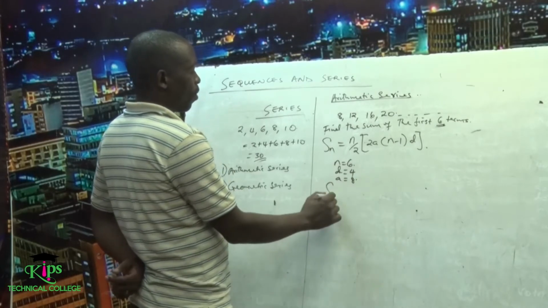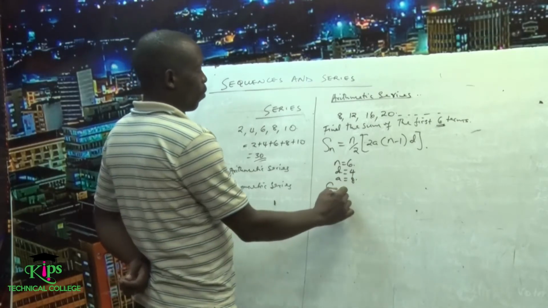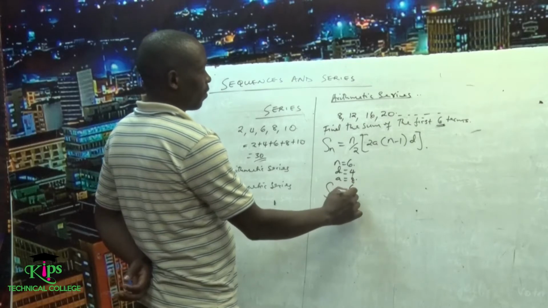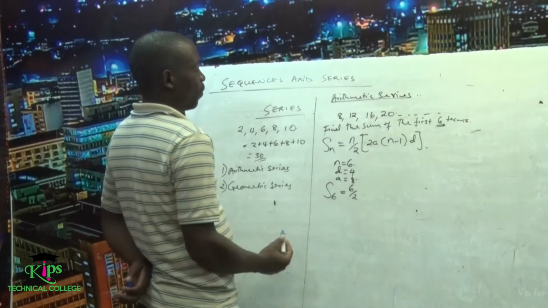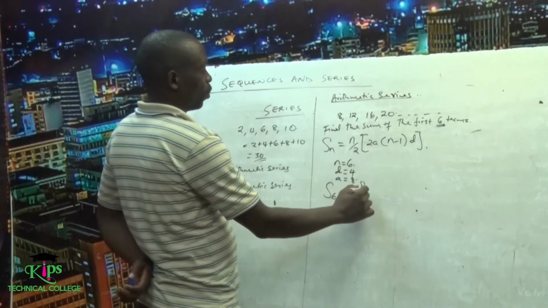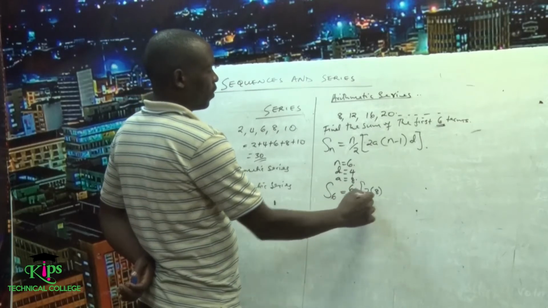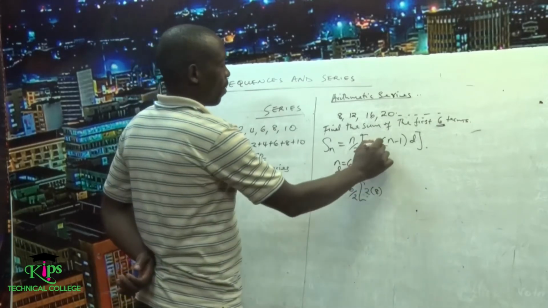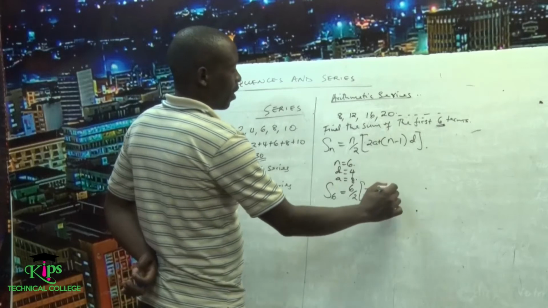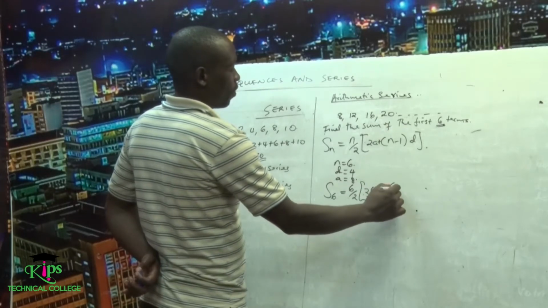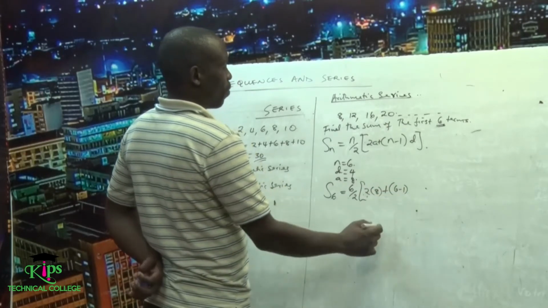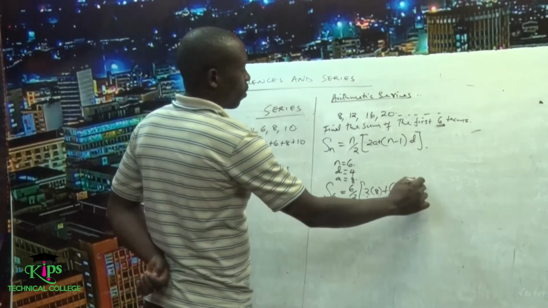Therefore, the sum of the first 6 terms is 6 over 2, that is n over 2, times 2 times 8 plus n minus 1, which is 6 minus 1, multiplied by d, which is 4.